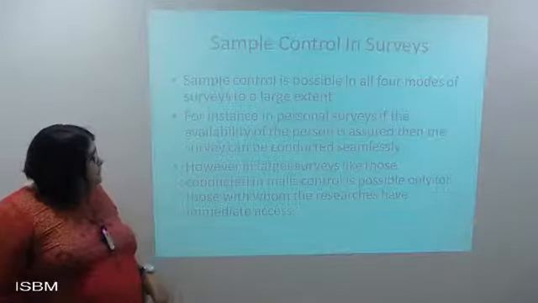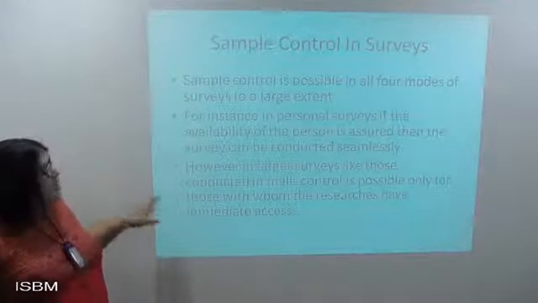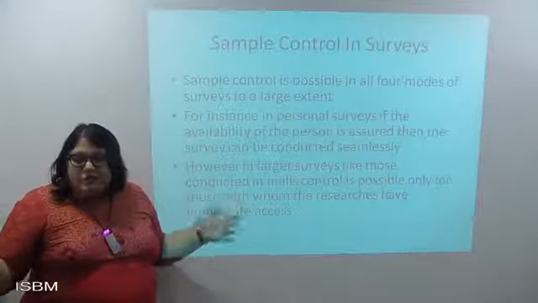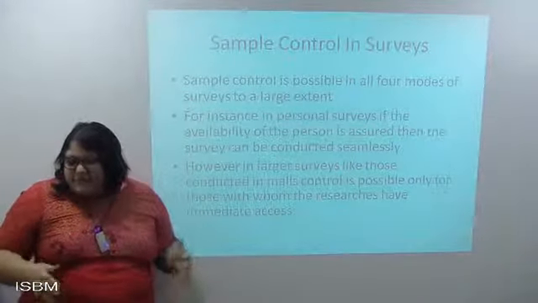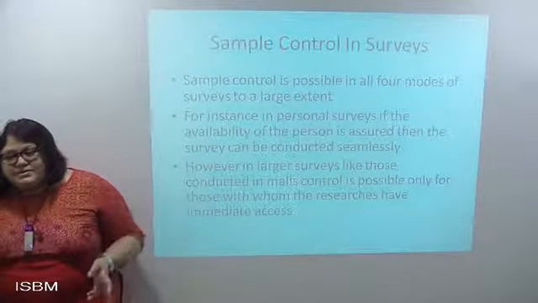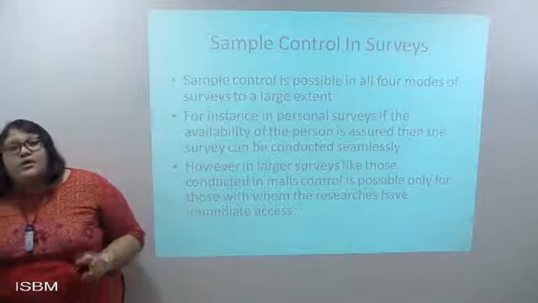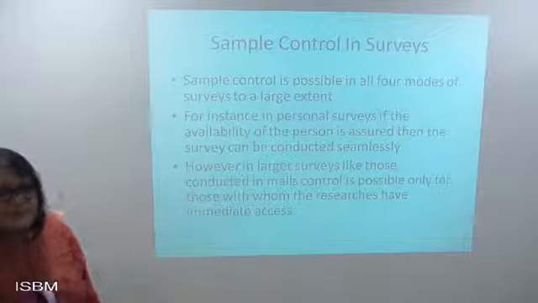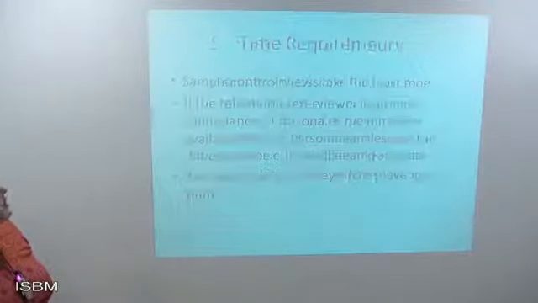However, in larger surveys like those conducted in malls, control is possible only with those people to whom the researchers have access. For example, out of the 20 persons scheduled for an interview, only 15% turn up. Of course, there will be a visible difference in your end results.